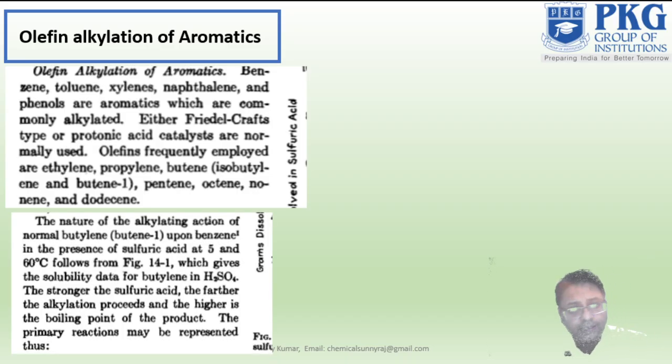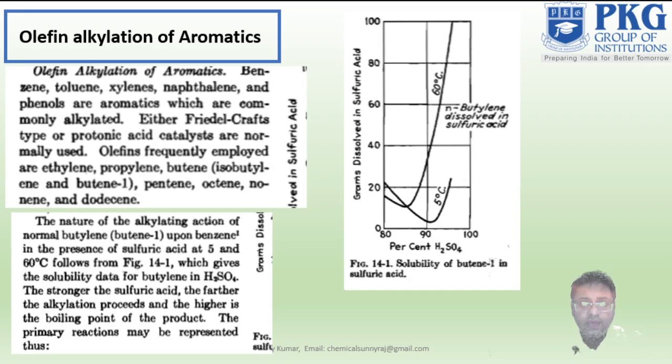The nature of the alkylation reaction of normal butylene upon benzene in the presence of sulfuric acid at 5 to 60 degrees centigrade is shown here. As you increase the percentage of H2SO4, this is the dissolution in sulfuric acid at 5 degrees C, and this at 60 degrees C. At 60 degrees C you get the maximum dissolved.